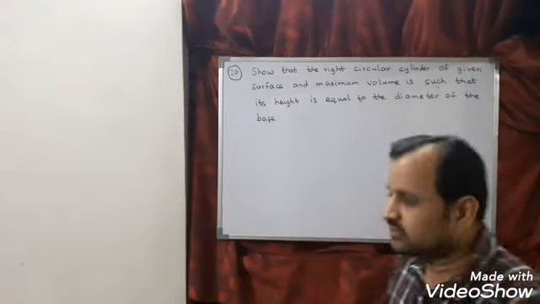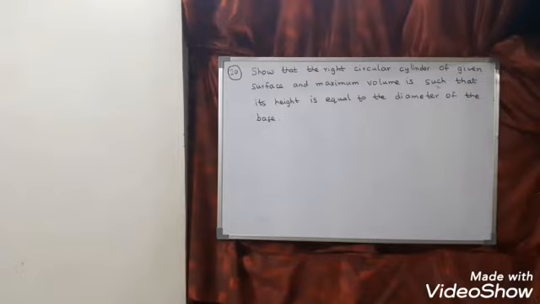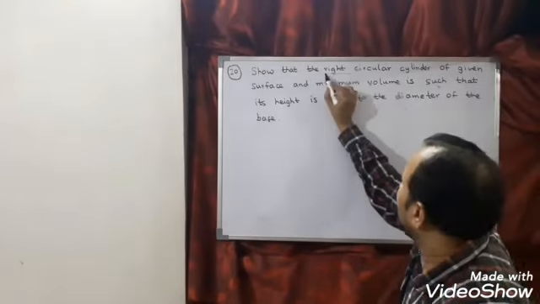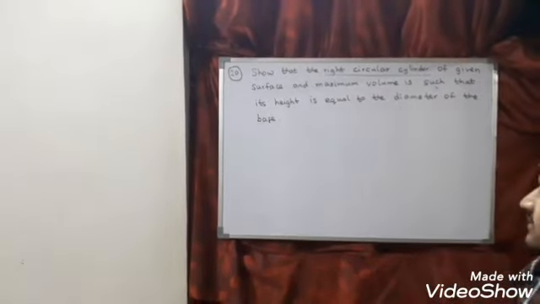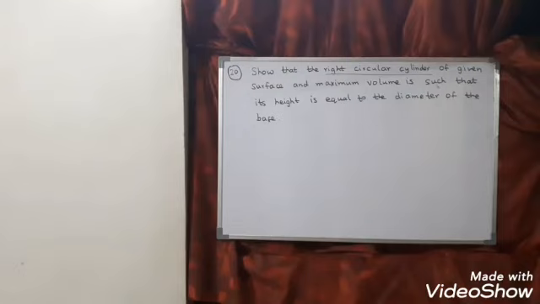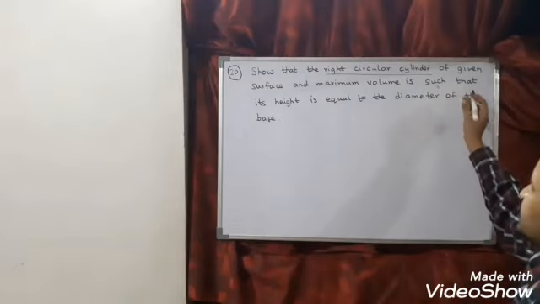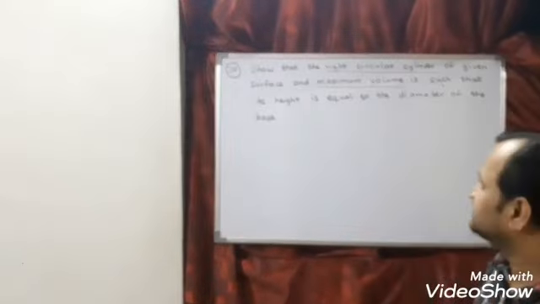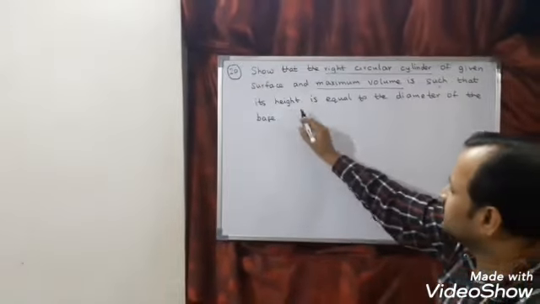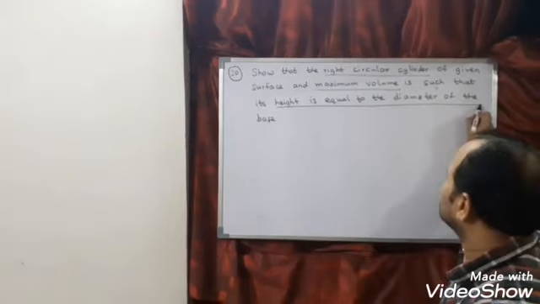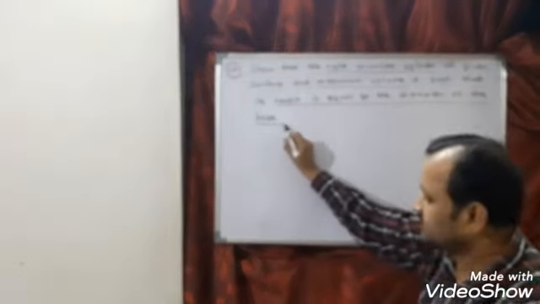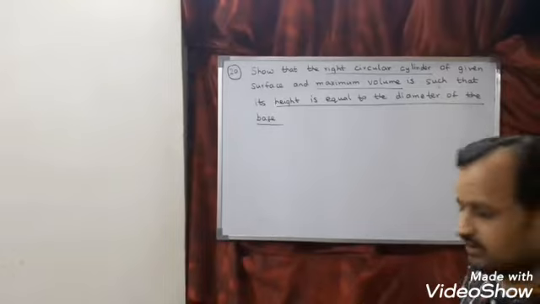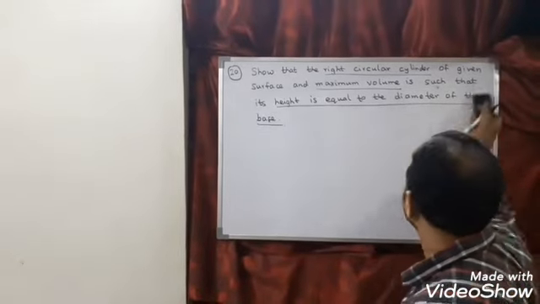Now look here. So question here is, show that the right circular cylinder of given surface and maximum volume is such that, maximum volume, that means dV by dx we have to calculate, such that its height is equal to diameter of the base. Let us see the solution of this.